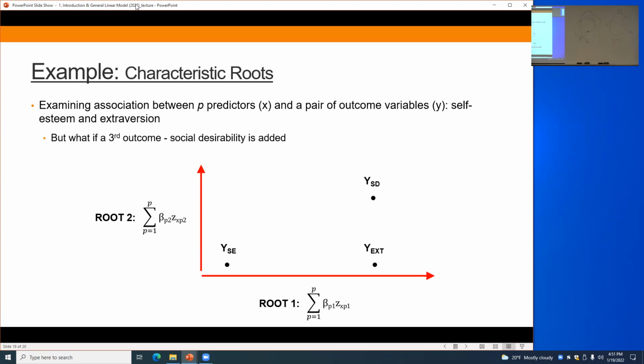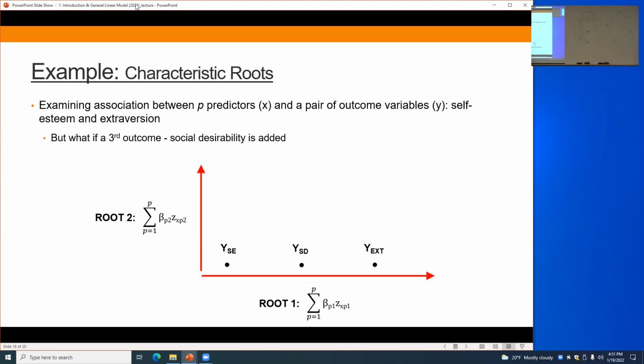So in this situation, we can think about this in 8-dimensional hyperspace. These two roots together give me a full accounting for my outcome variables. It's seeing this visually in a very simplified way.